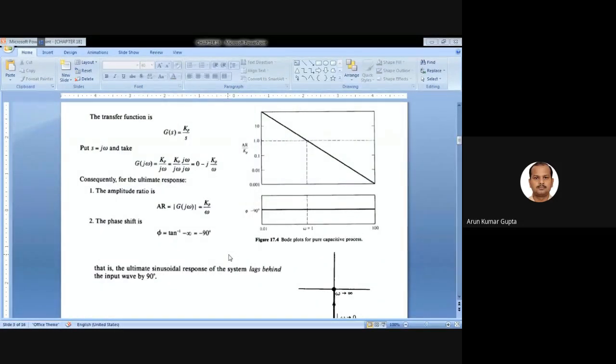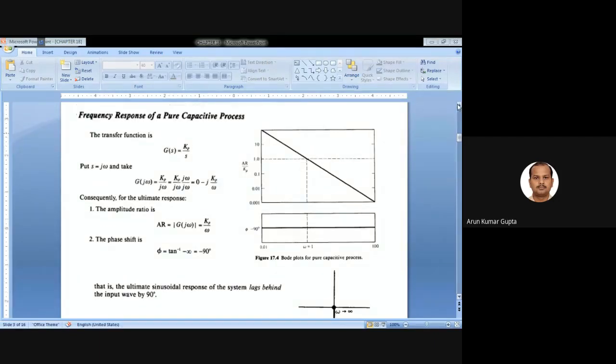Now in your Bode plot, we generally see the types, but here I want to show you a very common function that is known as the pure capacitive system.